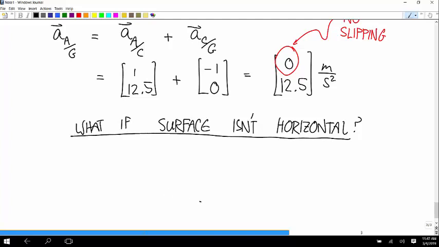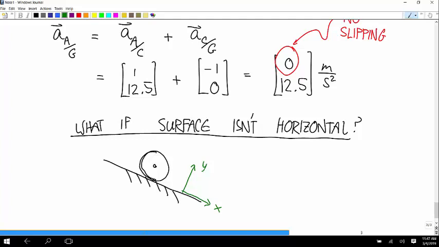Well, the easiest way to do that, if you have an inclined surface like this and an object rolling down, is just use a rotated coordinate system the same way you do with sliding friction problems, where the y-axis points straight out of the surface, the x-axis is along the surface. Then you can do all the calculations exactly the same.